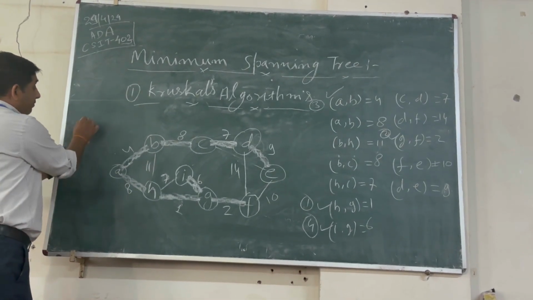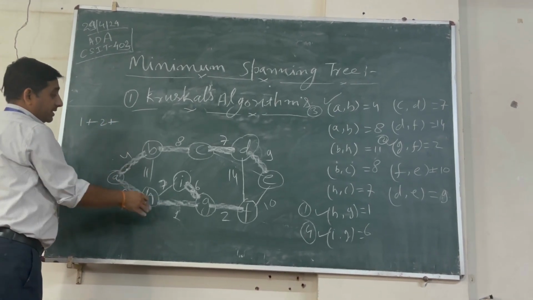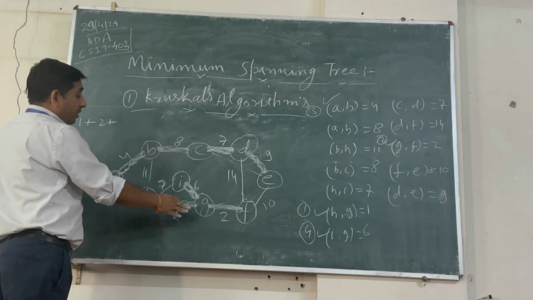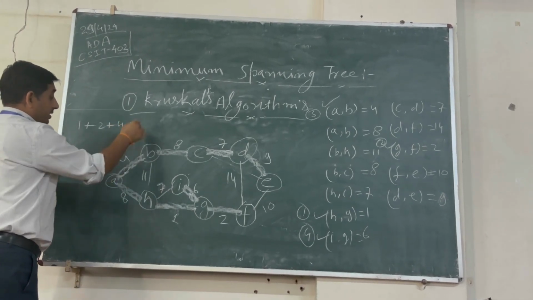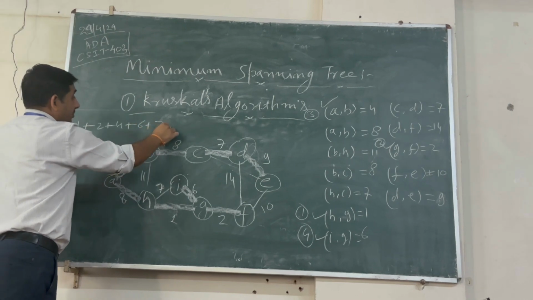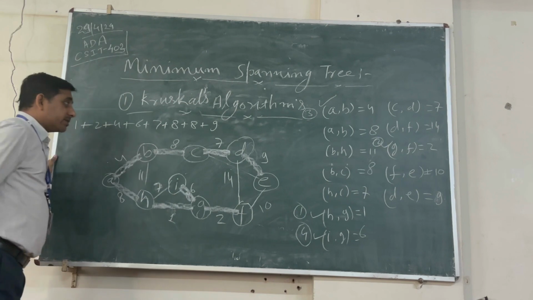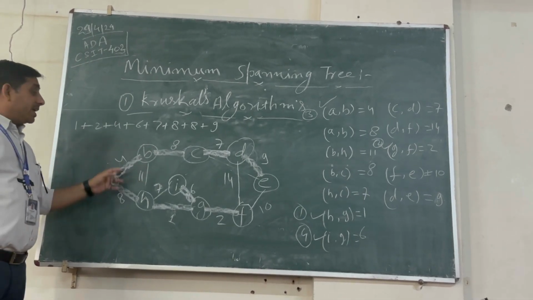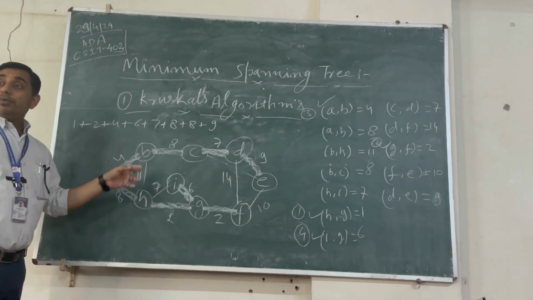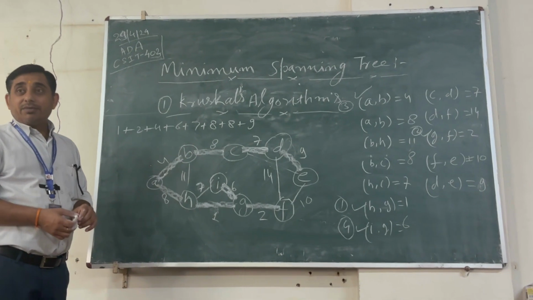So 1 plus 2 plus 1 plus 2 plus 4 plus 6 plus 7 plus 8 plus 8 plus 9. That's it. And this is the minimum spanning path.